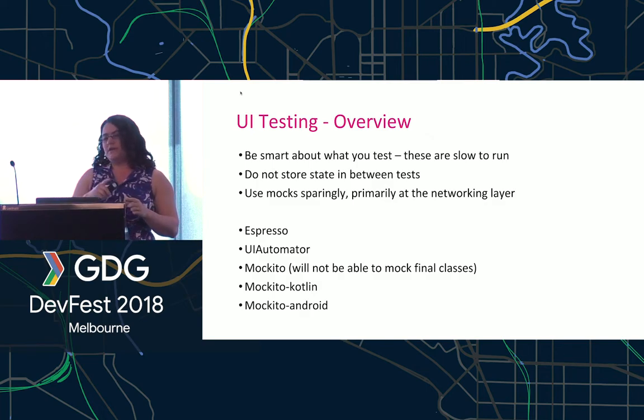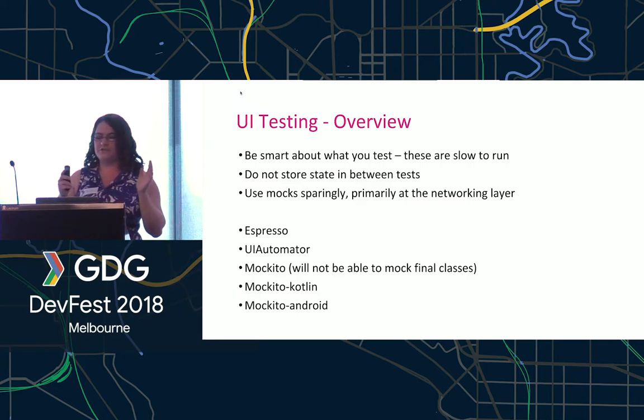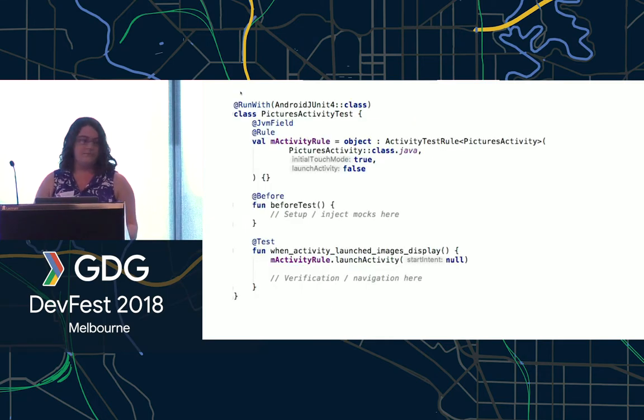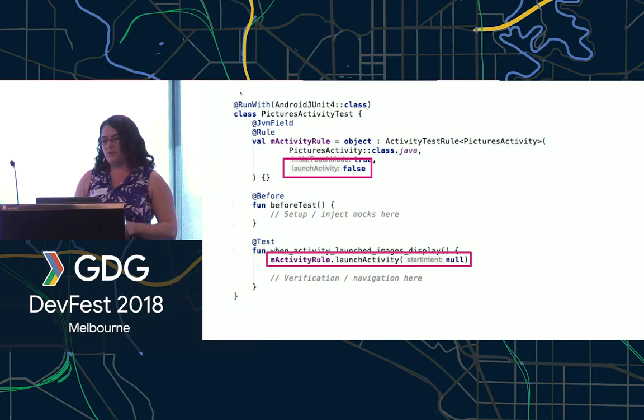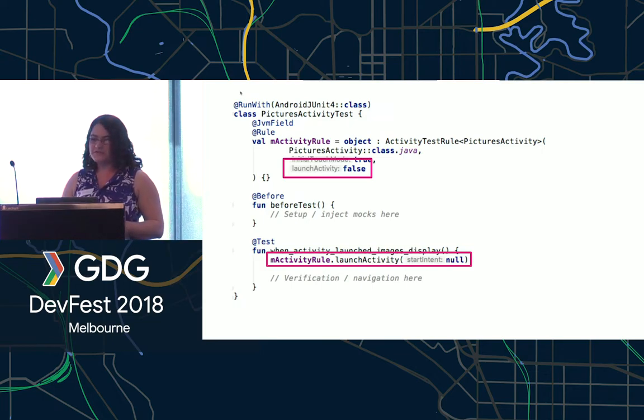One note, Mockito can't mock final classes on the Android JVM. So even though you can mock them for your unit tests, anything that you want to mock in your UI test does have to be either an interface or an open class. If we have a look at the structure again, at the top, we've got the activity test rule. There's a parameter here that's really important, which is launchActivity false.